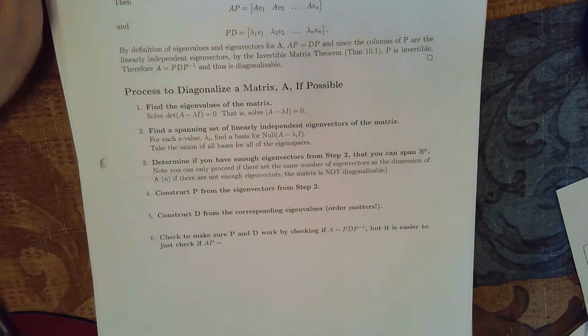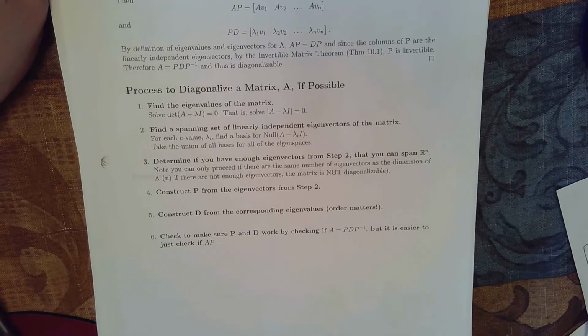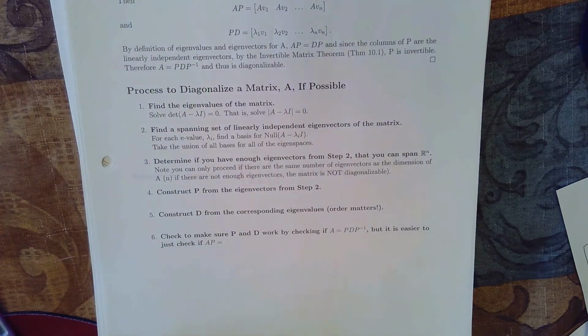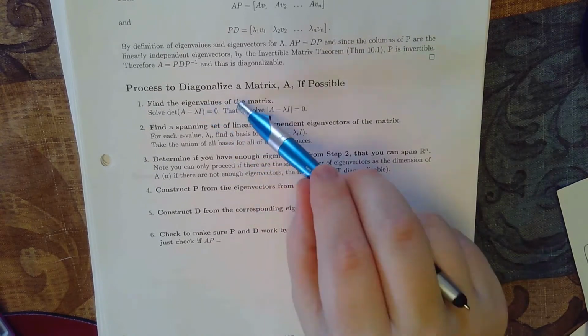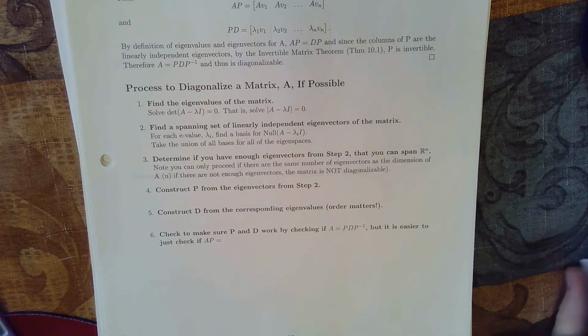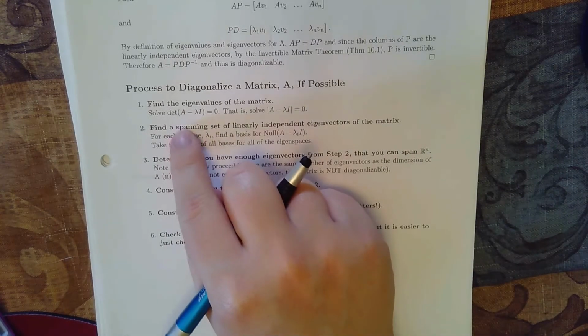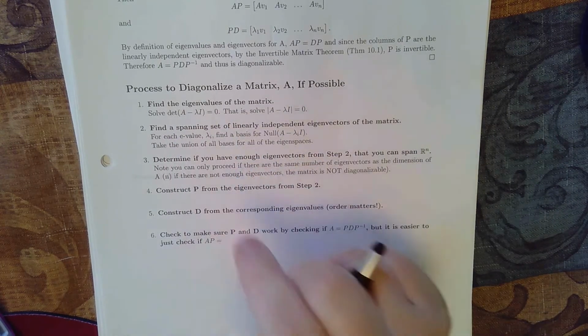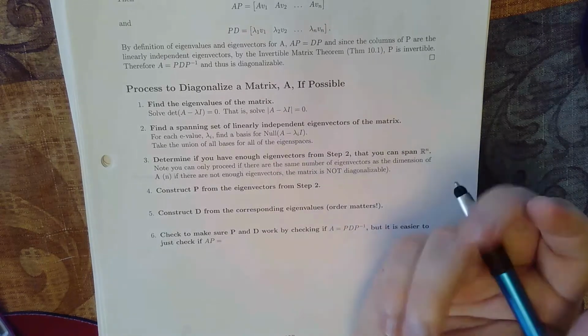But what this leads us to is our process for diagonalizing a matrix. If we want to try to diagonalize a matrix A, we're going to start by finding the eigenvalues of that matrix. So we'll solve A minus lambda I equals 0 and figure out what those lambdas are.